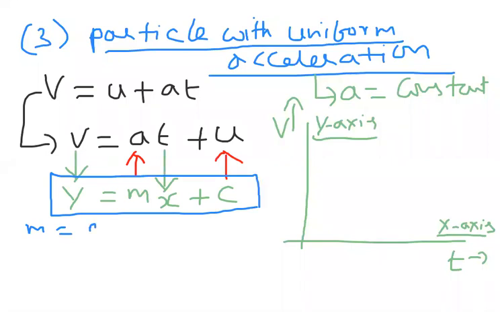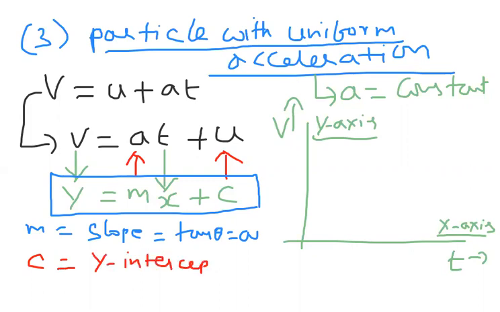m is nothing but slope. Slope is equal to tan theta, which is acceleration. The slope of the velocity-time graph will give us acceleration. Again, observe what about c. c is the y-intercept, and the y-intercept value here is u.